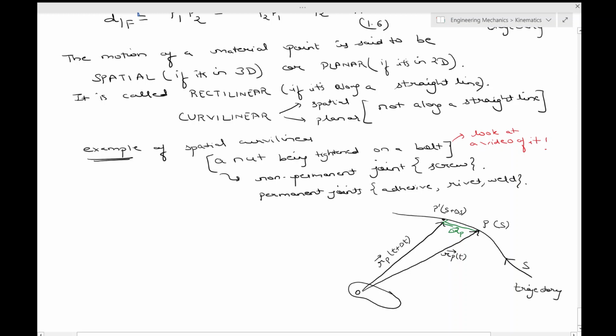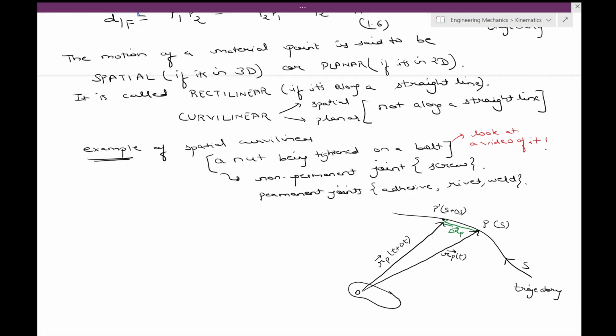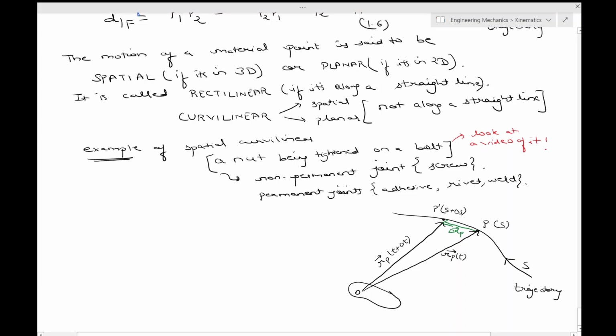So at time t it occupies P, and at t plus delta t it occupies position P dash. Then the displacement, according to the definition which we have just defined, is delta Rp, that is equal to P dash.